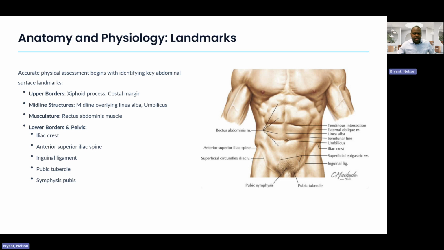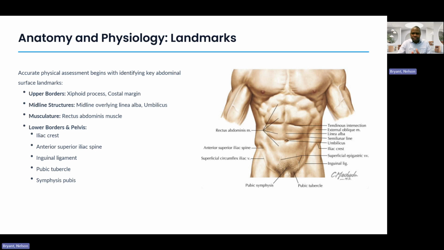So when assessing the abdomen, it's very important to recognize the key anatomical landmarks, like the xiphoid process and costal margins from the upper borders, while the iliac crest and anterior superior iliac spine, inguinal ligament, and then symphysis pubis define the lower borders.